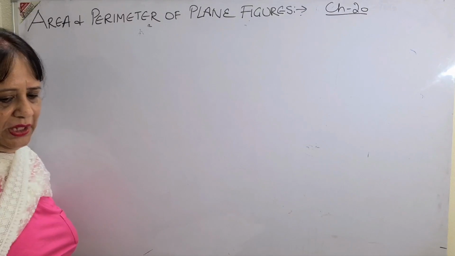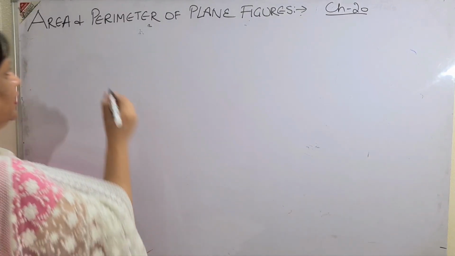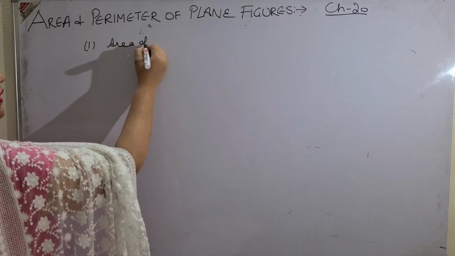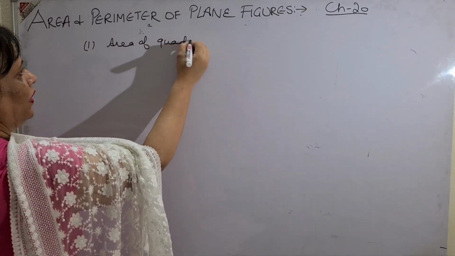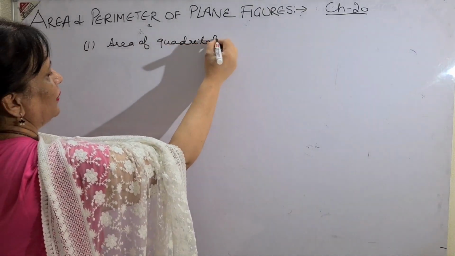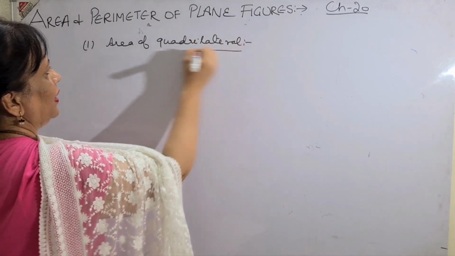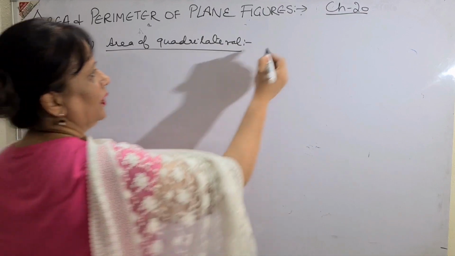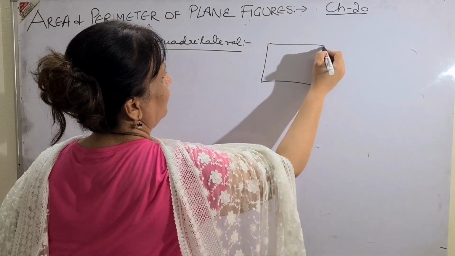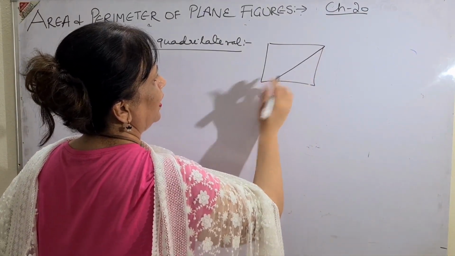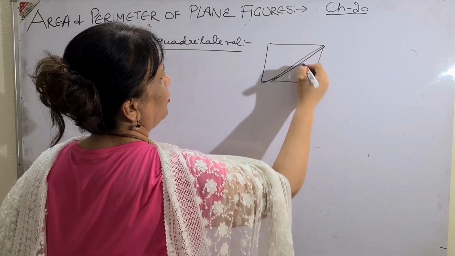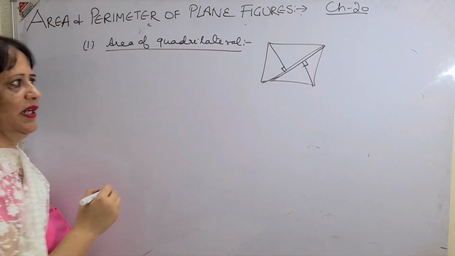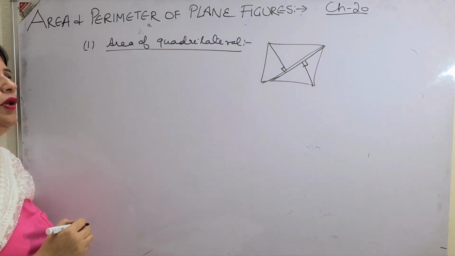So the formulas which you will be using in this: first is the area of a quadrilateral. Now the quadrilateral area you will do for the first time, I have not done it before. Area of a quadrilateral when one diagonal and the perpendiculars on that diagonal are given. That means this quadrilateral has all four sides different, a scalene quadrilateral you can say.